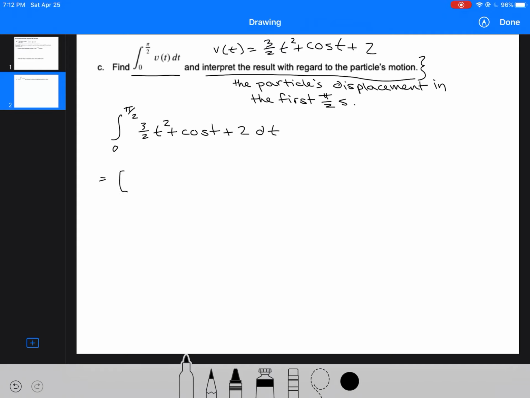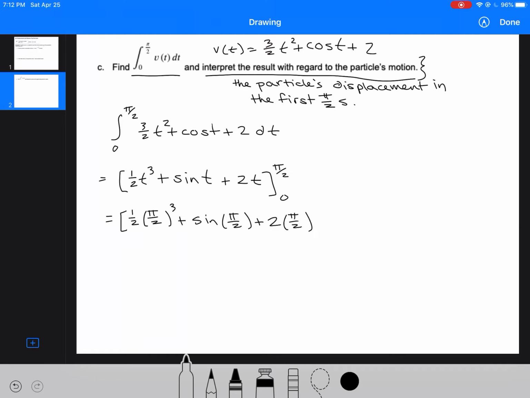We're going to have 1/2 t cubed plus sine t plus 2t. Then we've got our 2 limits of integration. The first thing that we're going to do is substitute in our top value into all those spots. And then we're going to substitute in our lower bound here.